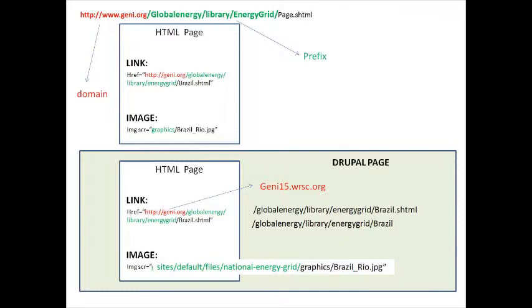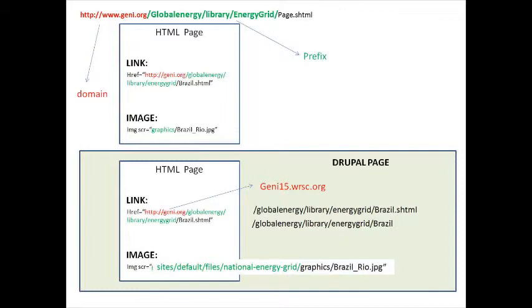Yes. For images, I found the pattern. Not all the images, but most of the images were in graphics slash something more. That's another really important thing. So in the old Genie site, most of the images were in the graphics folder. Yes, exactly.